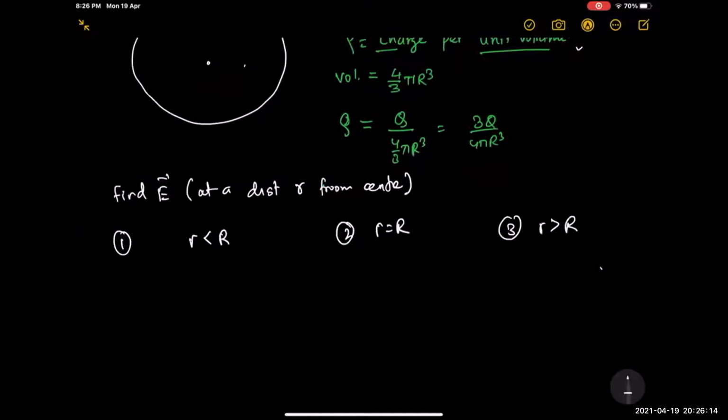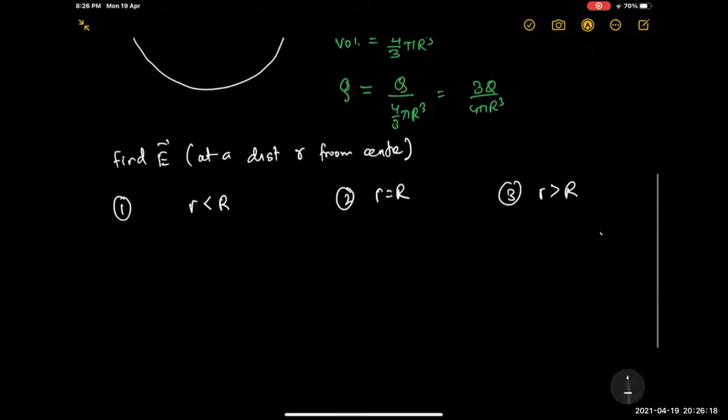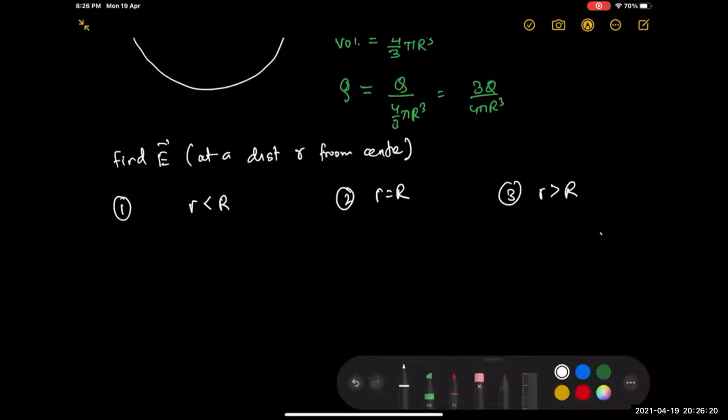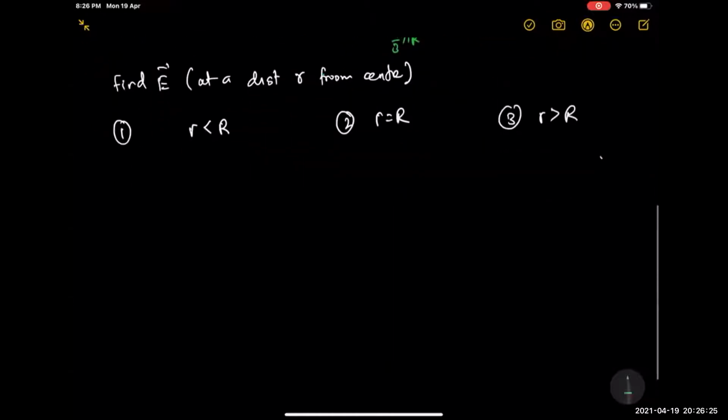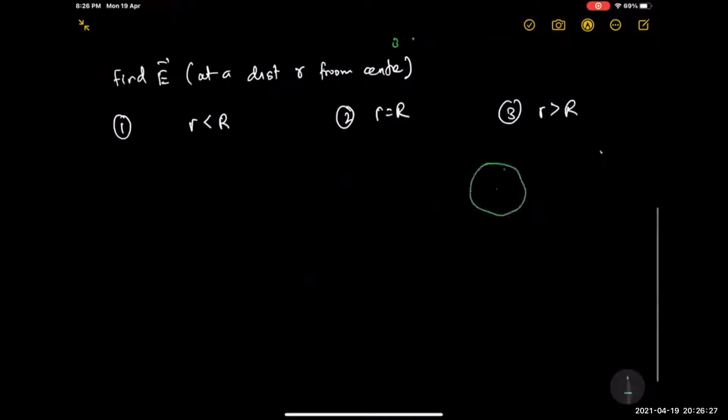The easiest is case number 3, when your point is outside the sphere. Suppose this is your sphere of radius R, and your point is P, which is at a distance r such that r is greater than R. Then it is very simple.